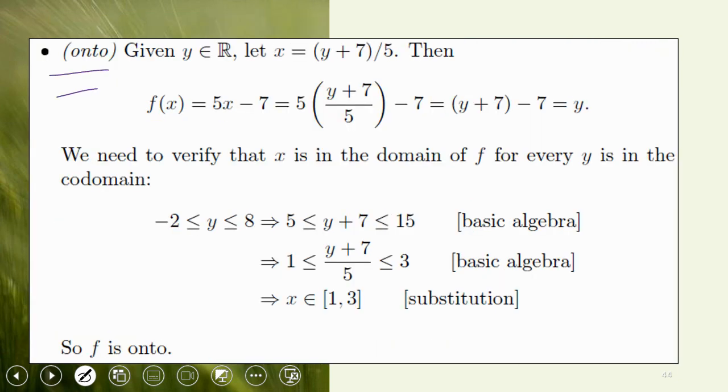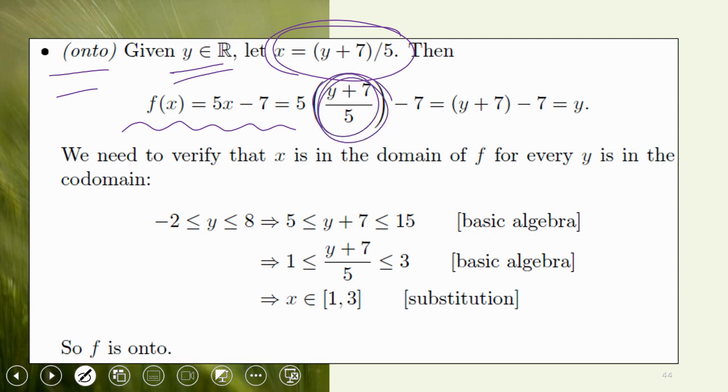Now we show onto, and we begin with an arbitrary element in the codomain. We carefully construct our x value such that when we substitute that x into the function, we get our y value. We must verify that for every y in the codomain, x is in the domain.